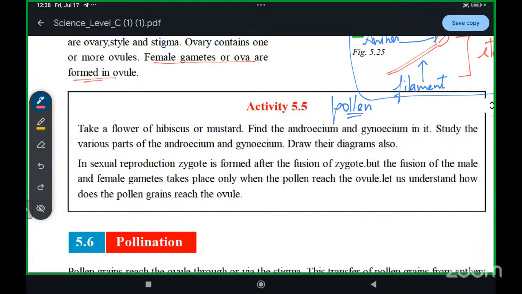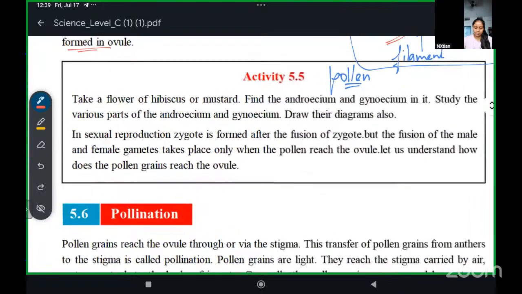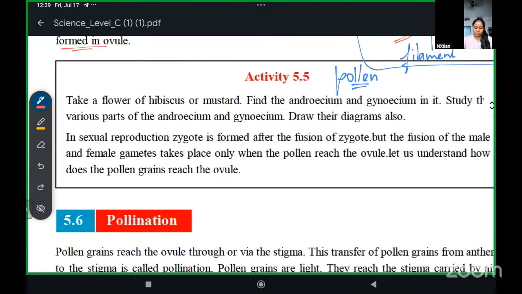There are two types of sexual reproduction in flowers: self pollination and cross pollination.